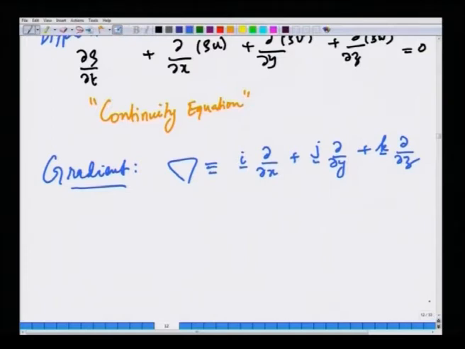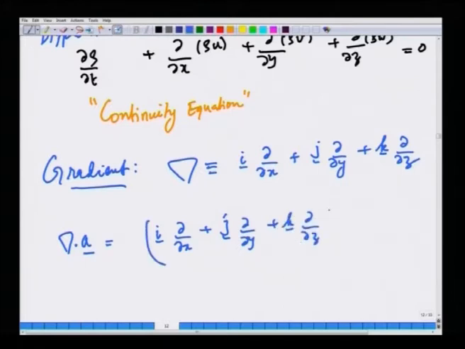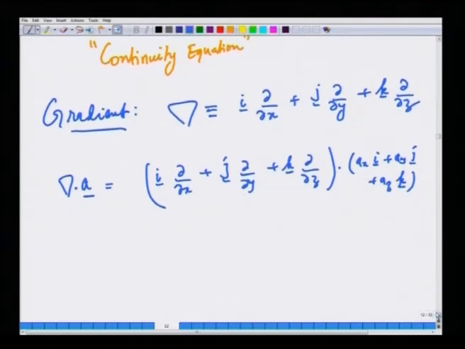If you have this as gradient, then del dot any vector A can be written as i d dx plus j d dy plus k d dz dotted with Ax i plus Ay j plus Az k.